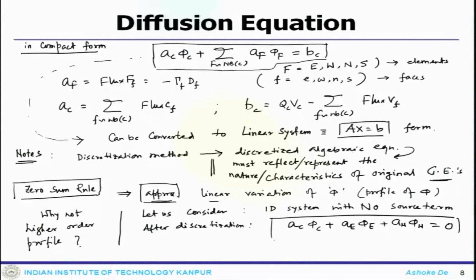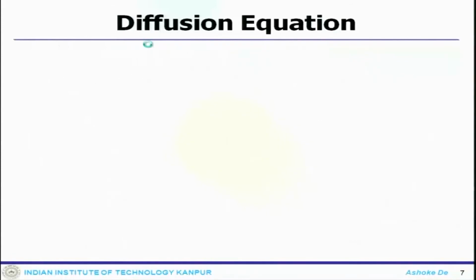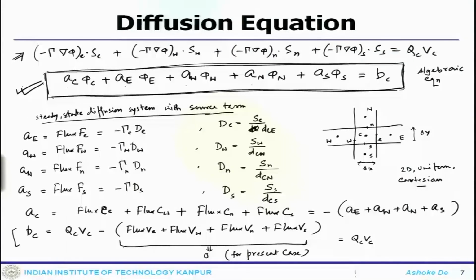So, one can see straight away from this equation that once we said one dimensional system, there is no north and south, so this goes off. No source term, so BC goes off.